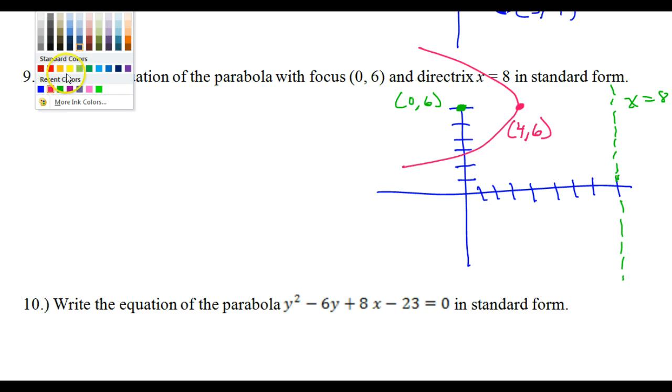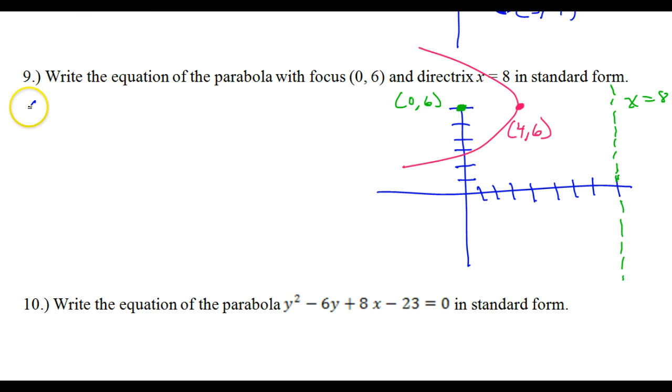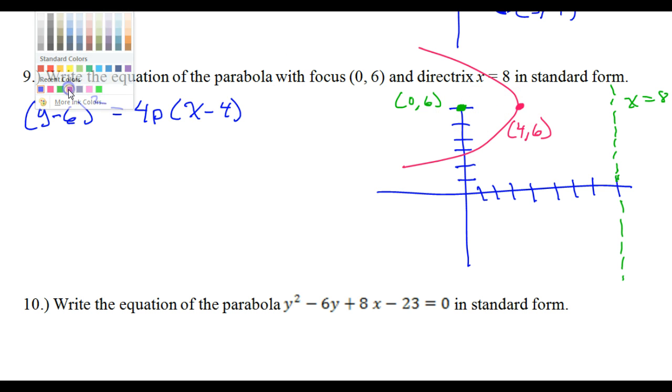Because the parabola is sideways, I know that it's going to be the y squared version. So it's y minus the y value: (y − 6)² = 4p(x − 4). All I need is the p-value. We'll call this a negative p-value because of the way it's over here to the left.